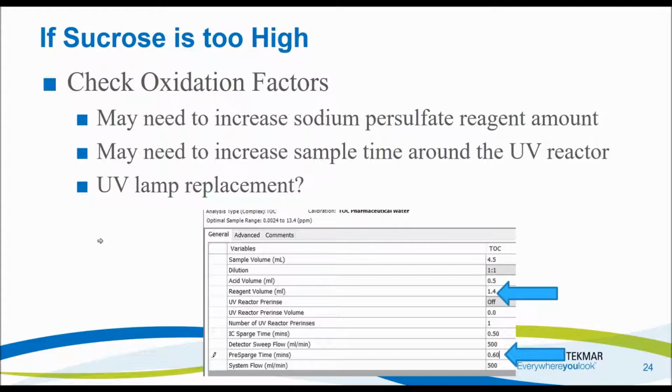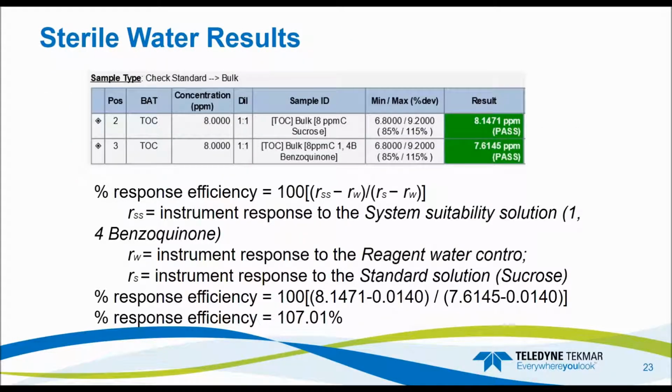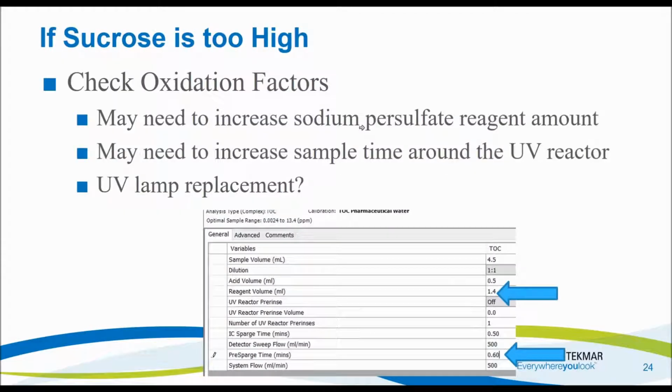I do want to remind people that the UV lamp is a consumable. They usually last a very long time. In fact, I have had them last even 10 years, but sometimes after a couple years of use, they'll fade. Obviously, if the lamp's fading, which is helping oxidize the sample, that could be contributing to that discrepancy between the sucrose and benzoquinone.